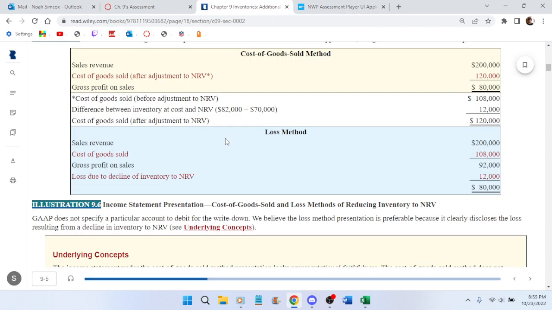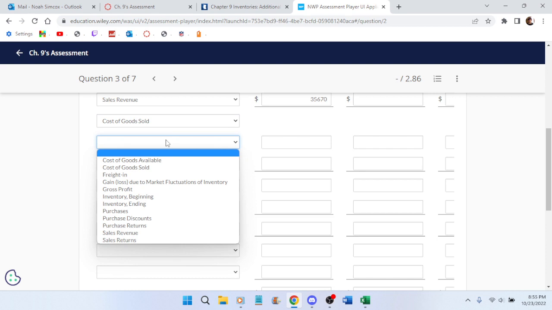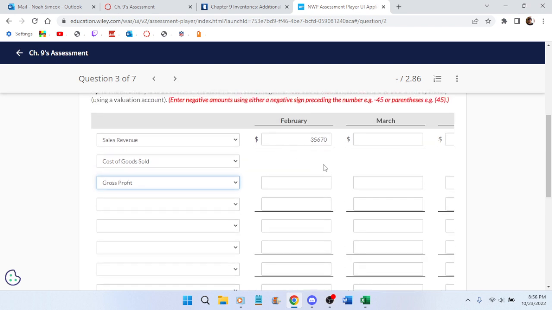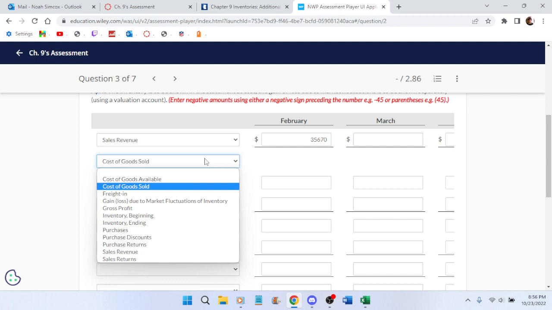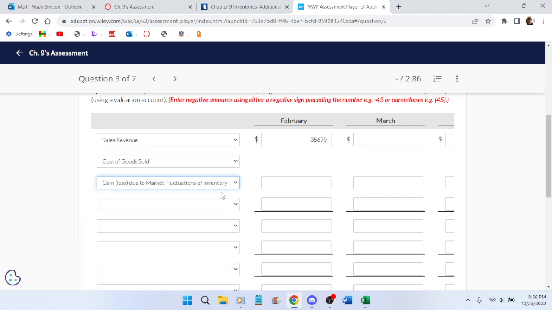They say cost of goods sold, gross profit, maybe you'd have cost of goods sold, and then this.